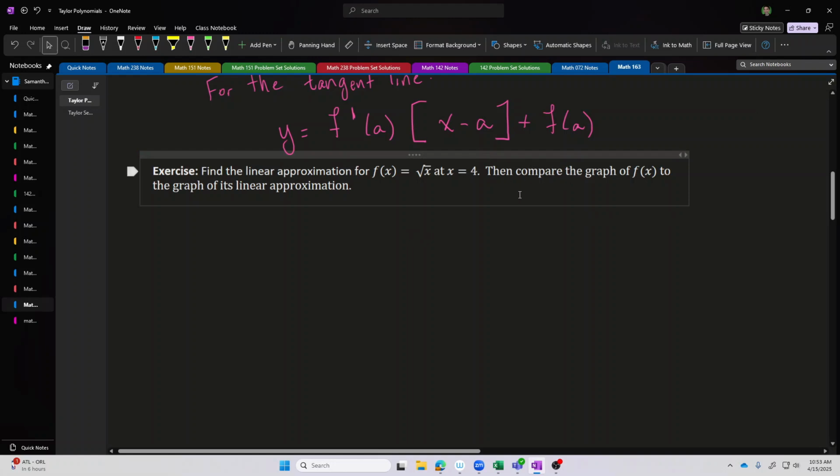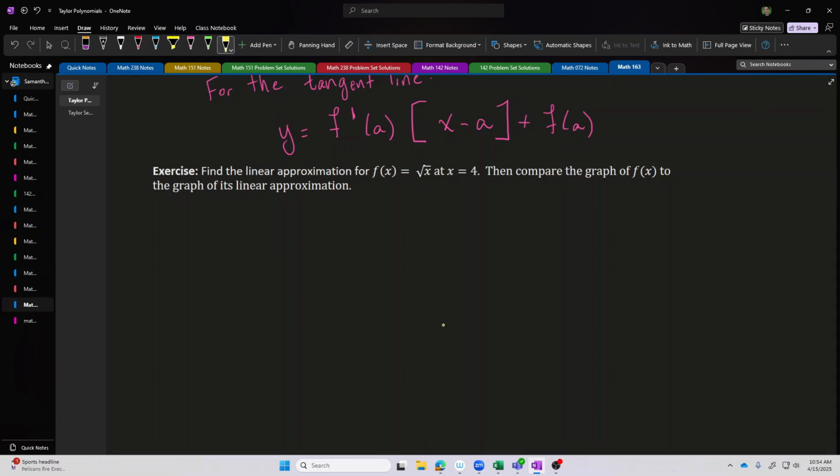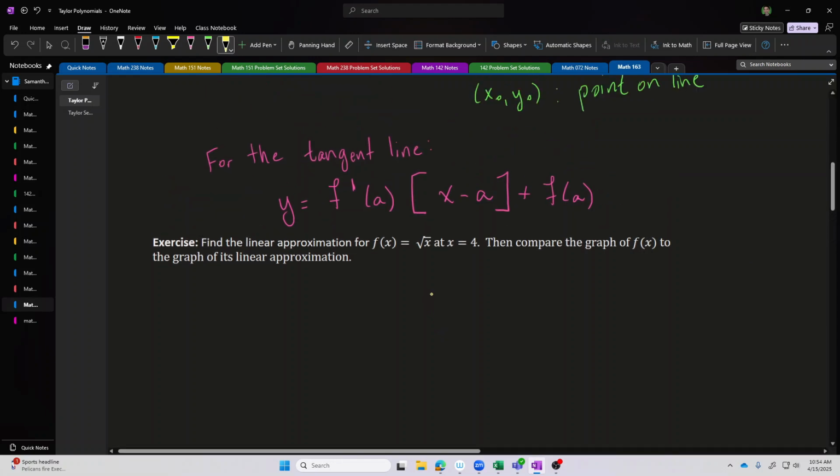Then let's compare the graph of the original function, the square root, to the graph of its linear approximation, that tangent line. Okay, so to find the linear approximation for a function, we need to be able to fill in all the blanks and all the gaps in the linear approximation formula.